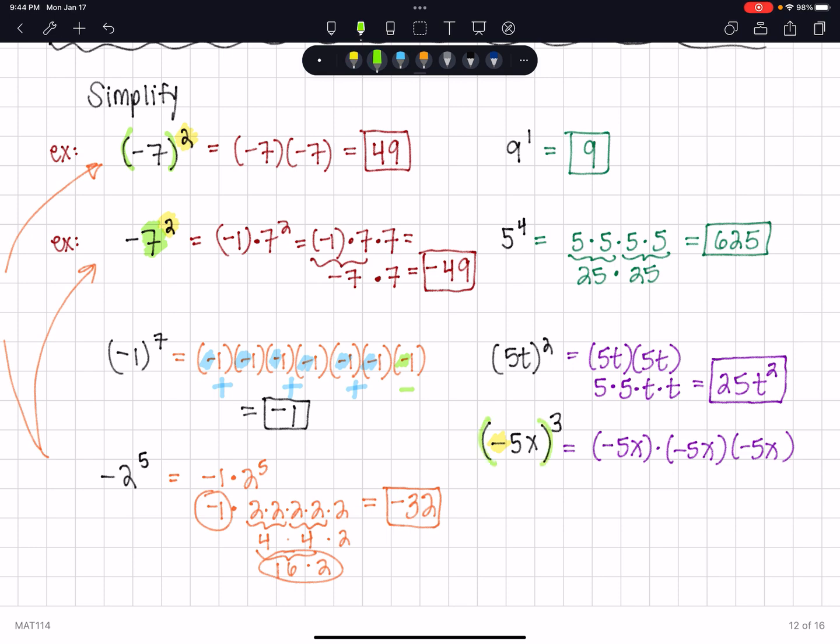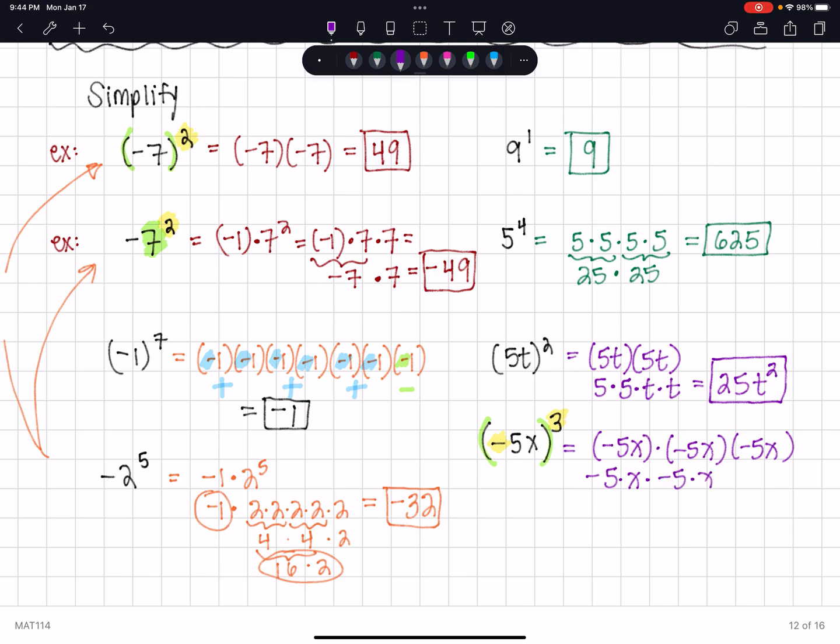So it's going to get this 3rd power. So we have -5. I'm going to rewrite this. -5 times x times -5 times x times -5 times x.